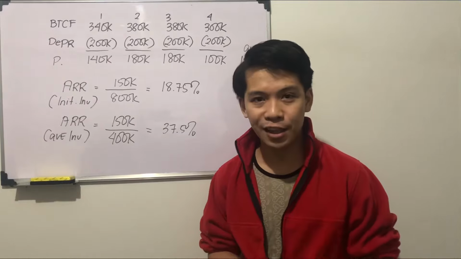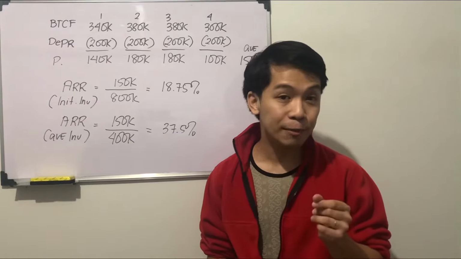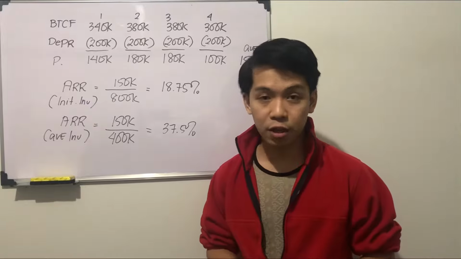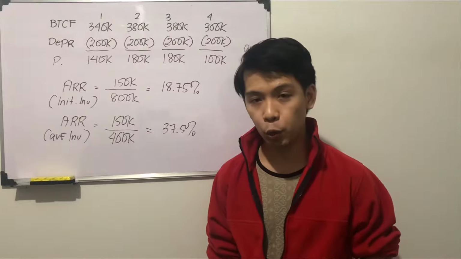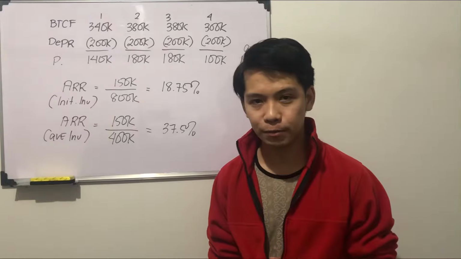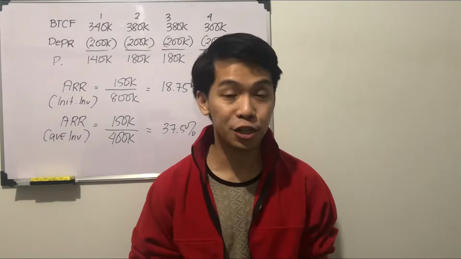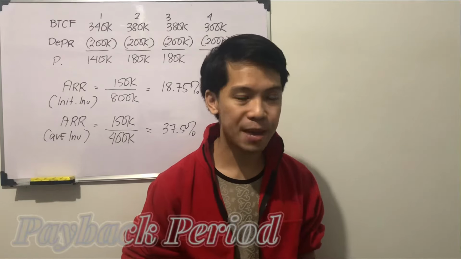But other than that, to really use as a basis for decision making, accounting rate of return is a weak tool for such purpose. Let us now proceed to the next capital budgeting technique. We have the payback period.